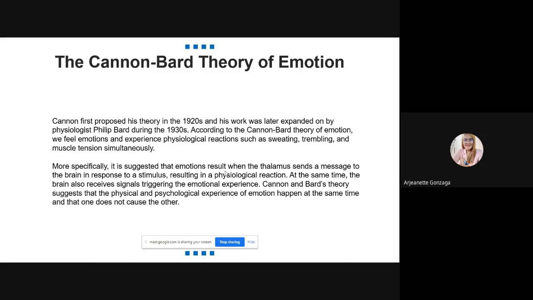So, dinisagree niya yung theory ni James-Lange. So, ang difference nito, first, he suggested na ang people can experience physiological reactions linked to emotions without actually feeling those emotions.